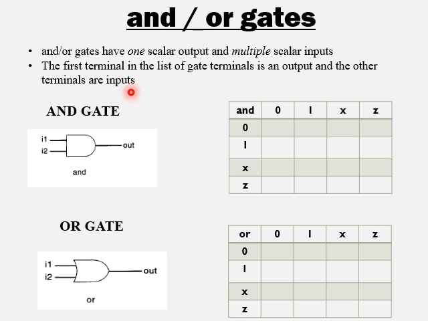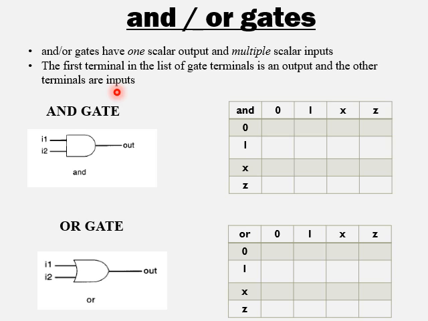That is, whenever you are instantiating these primitive gates in a Verilog program, the first terminal in the list of terminals should be the output followed by the input terminals. So if you are considering a 2 input gate, the first terminal should be the output followed by 2 input terminals.